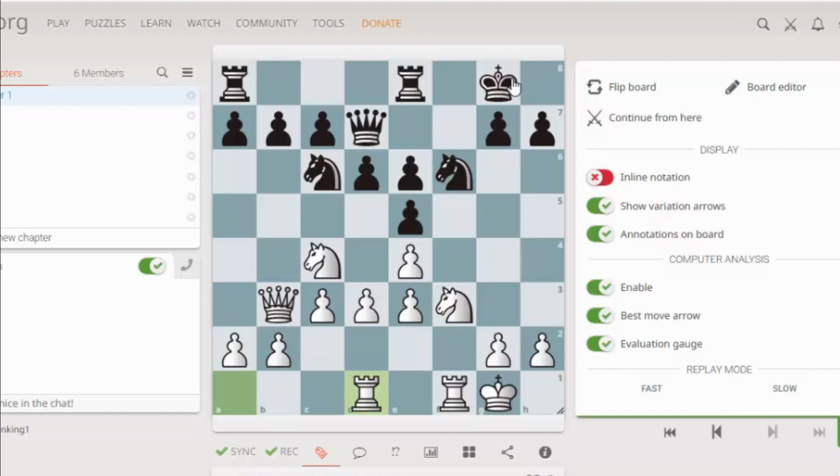From the A file, it is moving to D1. Yes. Now, if I move it here, how do you write this move? Is that K H? H1? Yes. KH8 is correct.